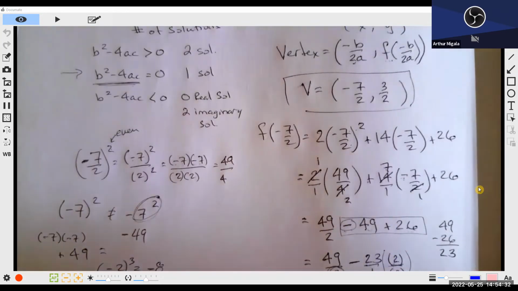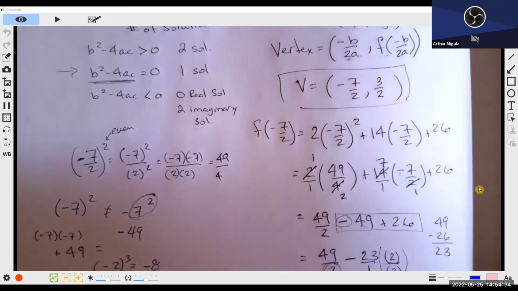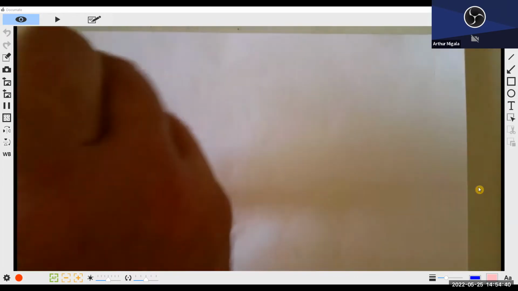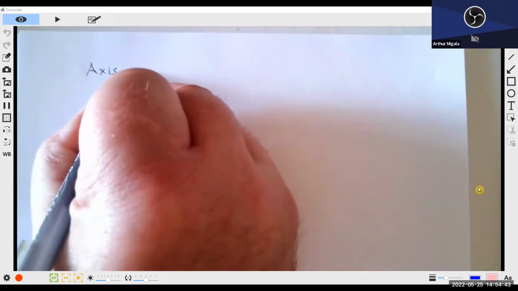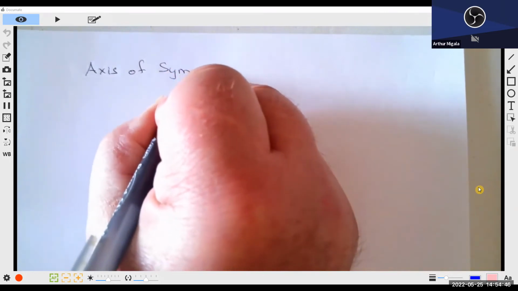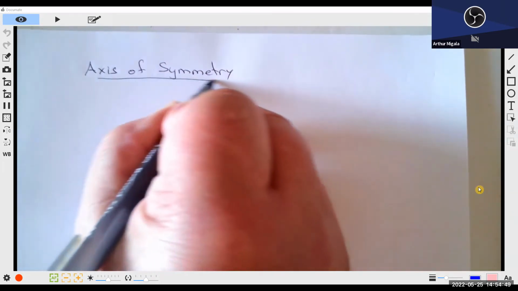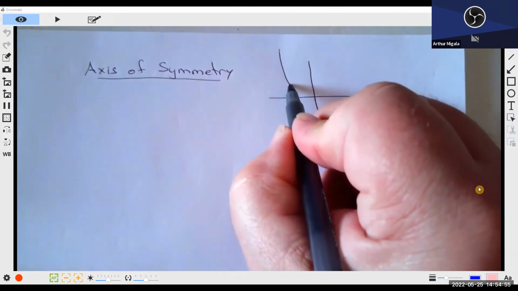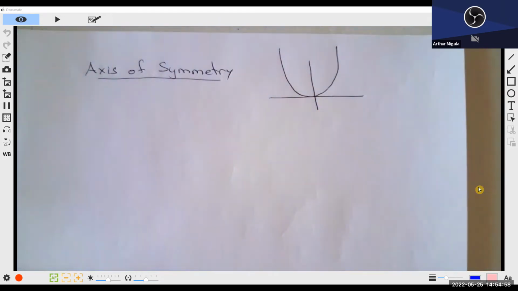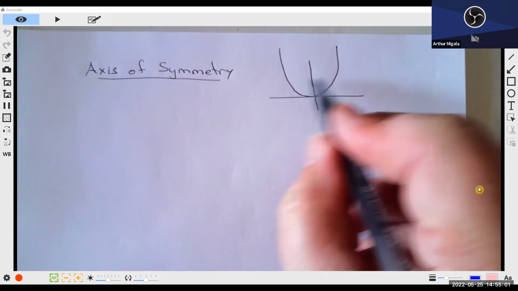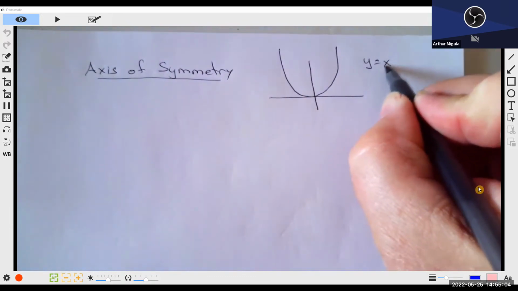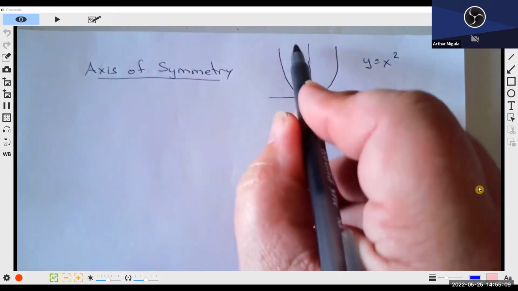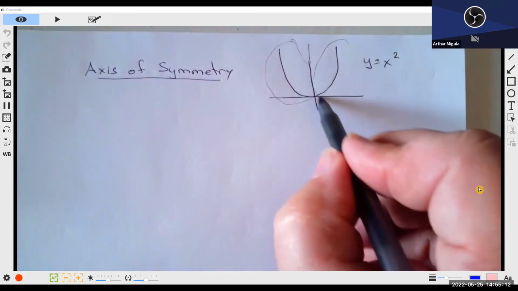Now the second part says axis of symmetry. Remember, a quadratic equation's graph looks like this. This is the graph of x squared. This side of the graph looks like this side of the graph.